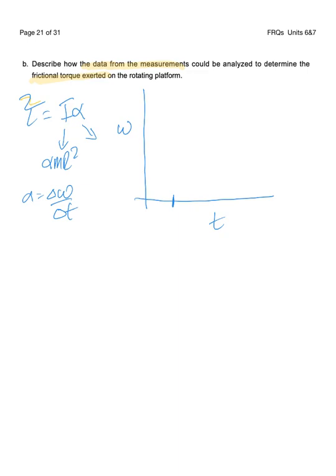And so we have the period for that first interval, and we have 2 pi radians, so we can get the average angular velocity, which is 2 pi radians over that period for the first interval. And so that average omega would go with the midpoint of that time, that period. And so we have some value like this, our data point.